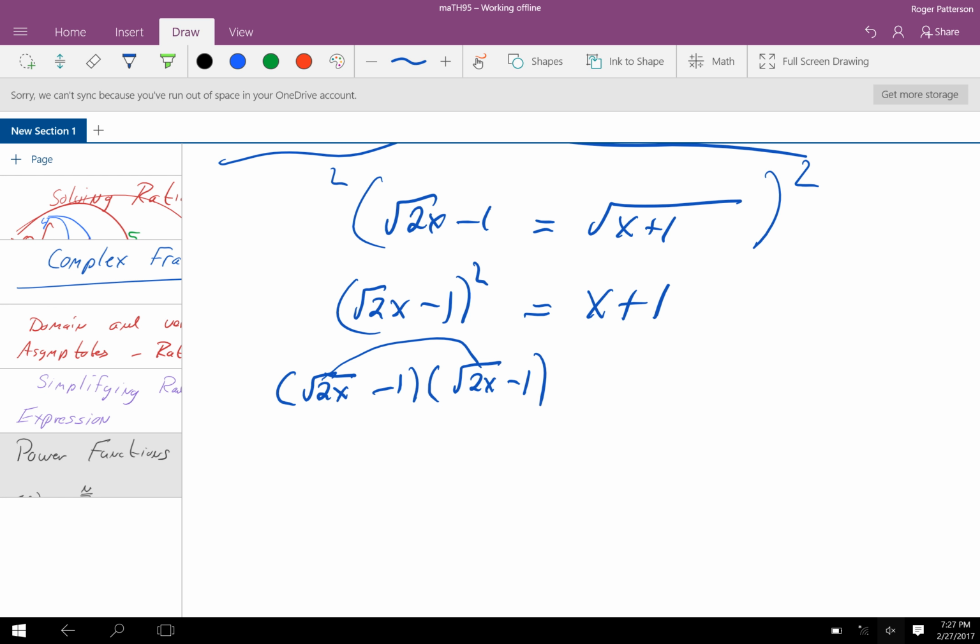So the square root of 4x squared is 2x, minus what happens when I multiply these two. 1. So I get 1 times the square root of 2x. So that's a negative square root of 2x. Does that make sense? Right? So we're taking this 1 times this one.